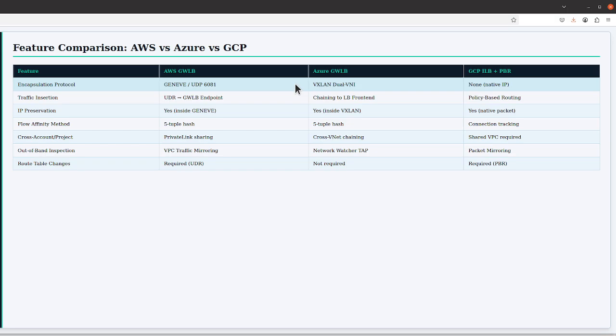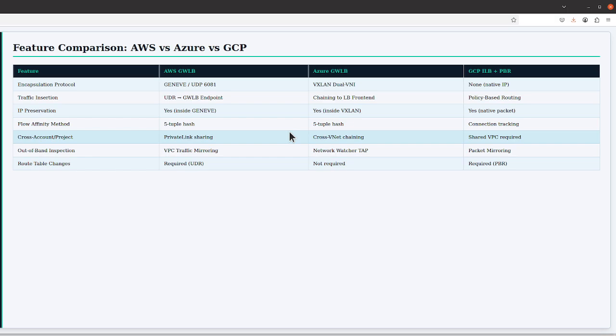For cross-VNet and cross-account sharing, AWS allows a service provider in one account to share gateway load balancer endpoints across accounts using PrivateLink. Azure supports cross-VNet chaining natively. GCP's model requires shared VPC or explicit VPC peering configurations for cross-project inspection.